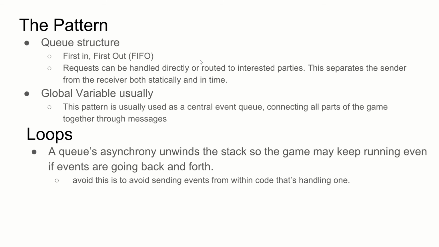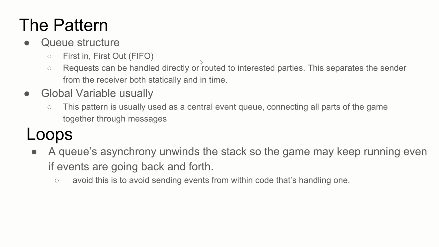This separates the sender from the receiver both statically and in time. Usually event queues are global variables. This pattern is usually used as a central event queue, like a main hub for events, connecting all parts of the game through loop messages.